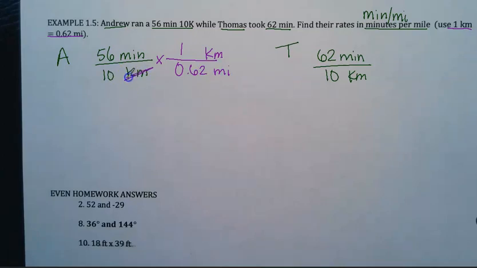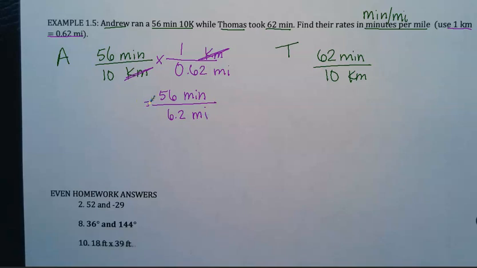Okay, and then our kilometers would cancel, and we would have 56 times 1 is 56. Minutes is the only unit in our numerator. Per 10 times 0.62 is 6.2, and miles are the units in our denominator.